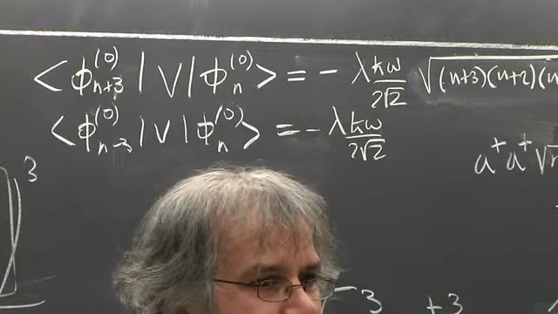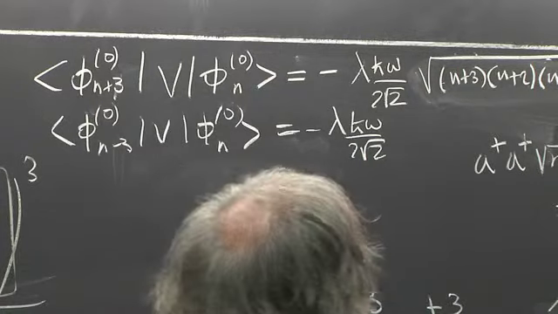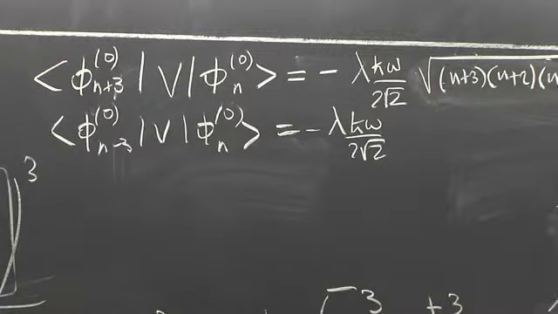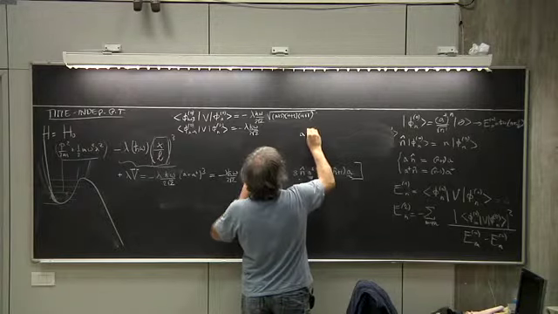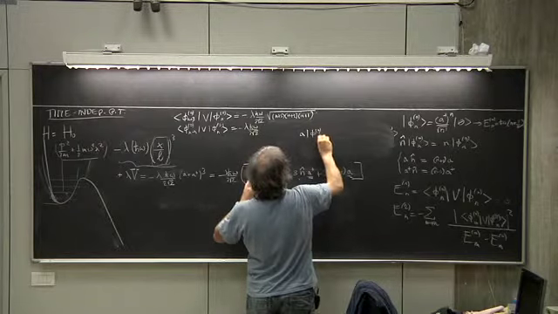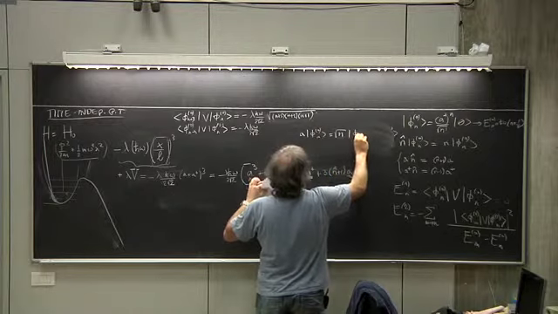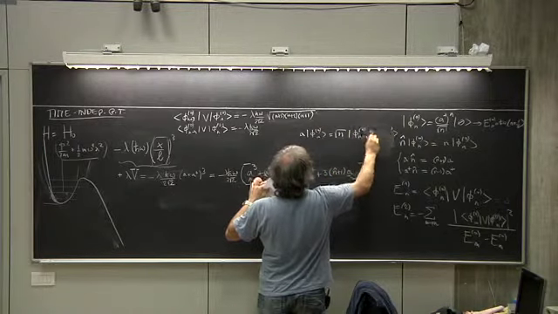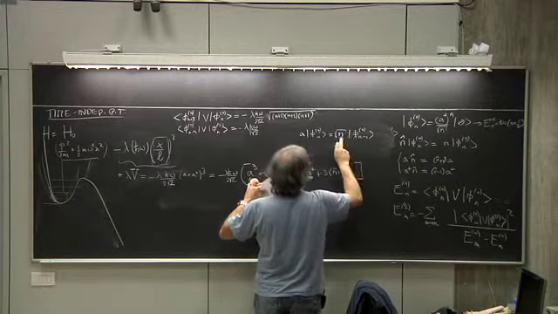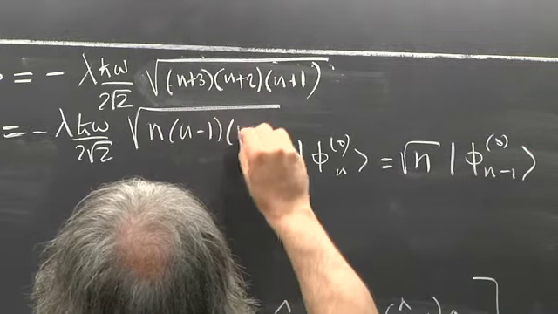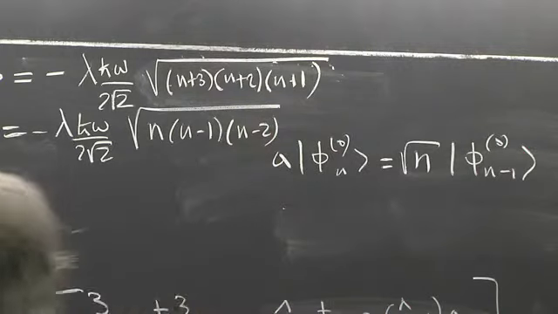So we'll get other square roots, but do you remember which ones? The first: a phi 0 n gives me square root of n, phi n minus 1. Then the next will give you n minus 1, then n minus 2. Okay?